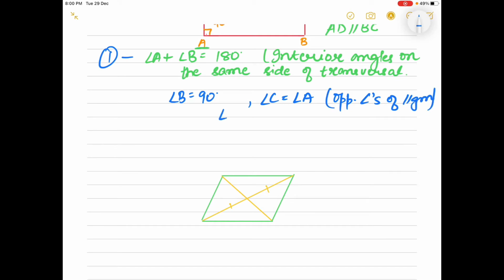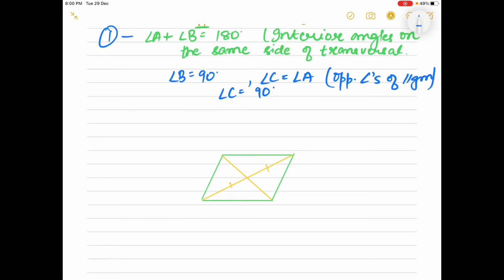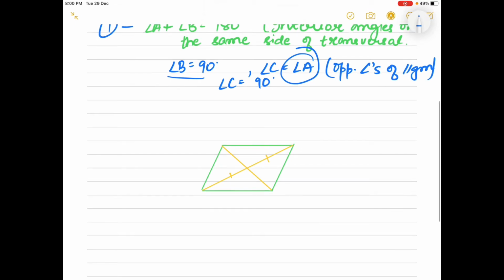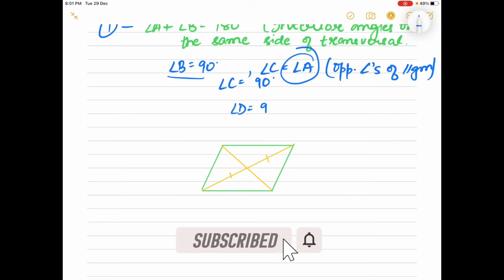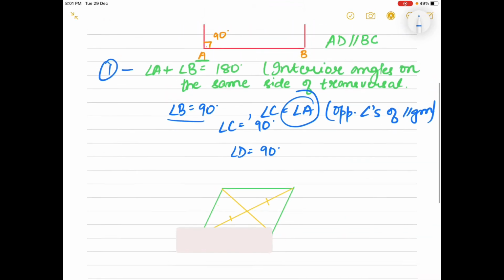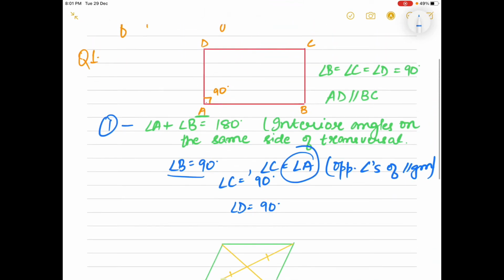So angle C will be equal to 90 degree and angle B is equal to 90 degree. We have already proved this, and angle A is already 90 degree. So according to the angle sum property, angle D will be equal to 90 degree. We had to prove that all the angles of the rectangle are 90 degree, and we have proved it.